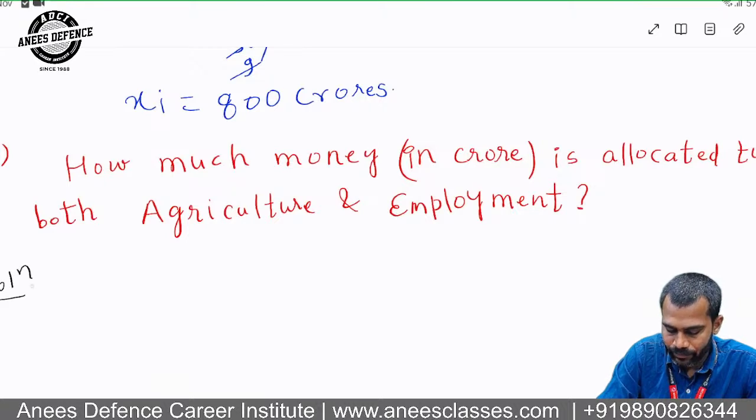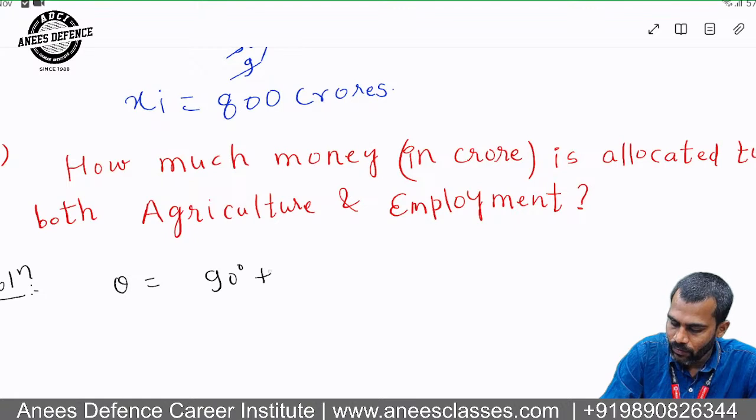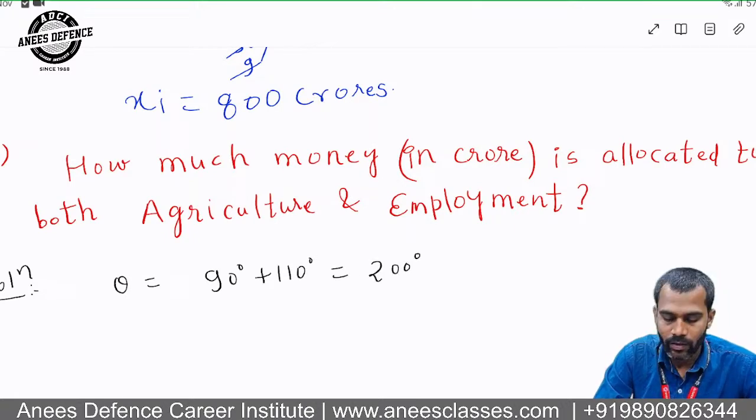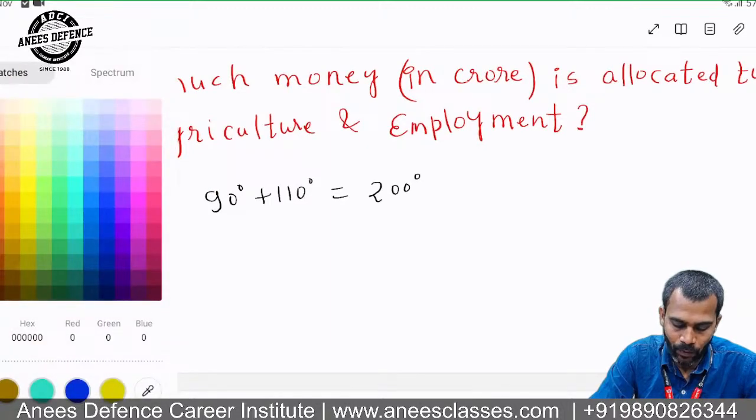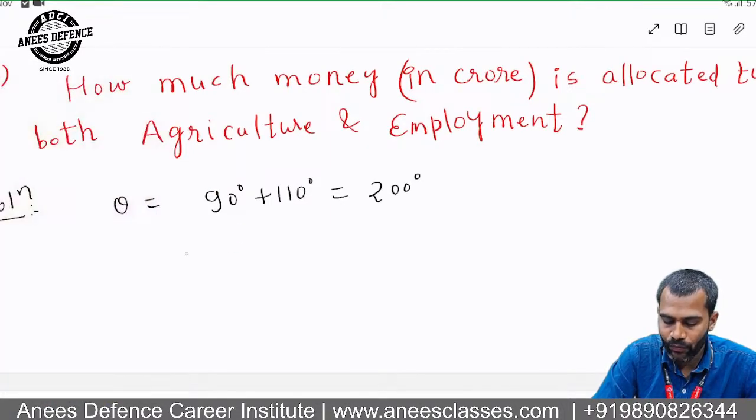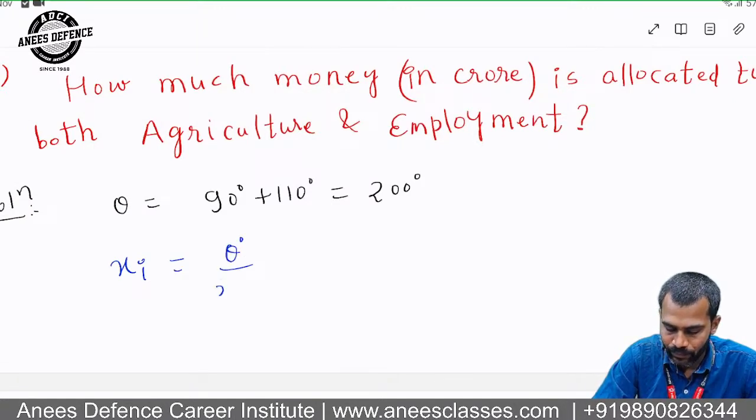Theta is 90 degree plus 110, that is 200 degree, isn't it? And we need to find the corresponding value of xi.